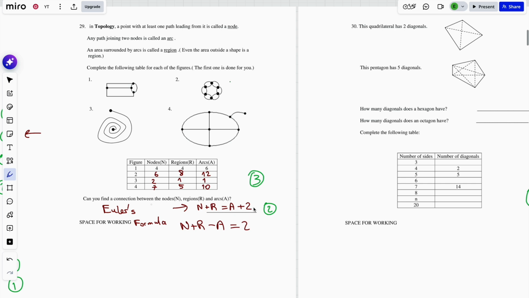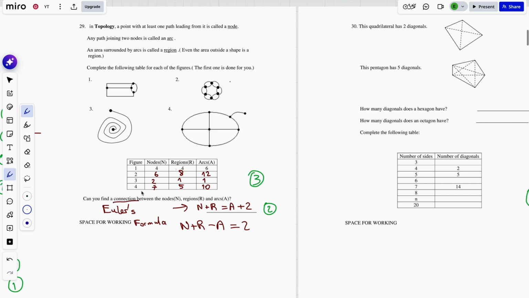I'll mention one more thing. I found a mark scheme online that says as the answer something like, as the number of regions increases, the number of arcs increases, or something like that. And even though that is true for these sort of limited examples, that's not really a precise enough relationship, right?